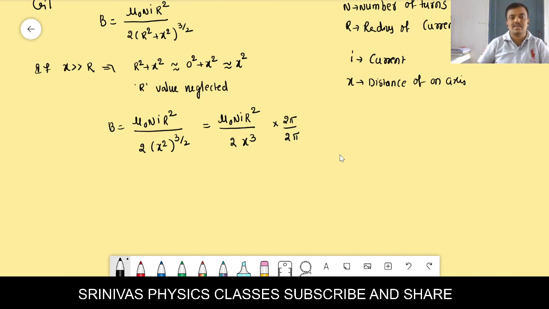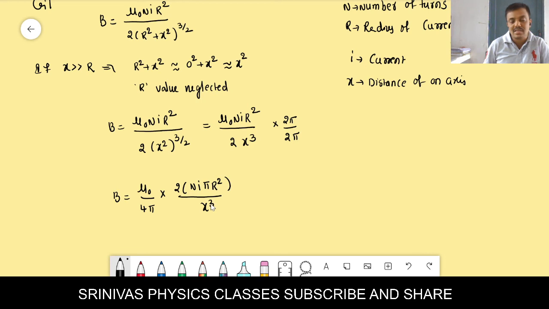Let's see carefully. The B formula is mu naught by 2, and I write 2 into 2 pi as 4 pi in the denominator. The remaining 2 I will write here, and N I into pi R square by x cube.